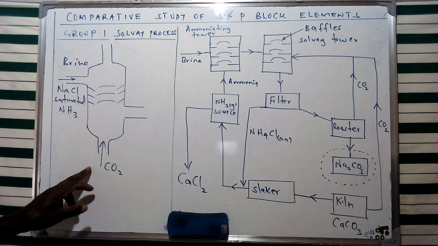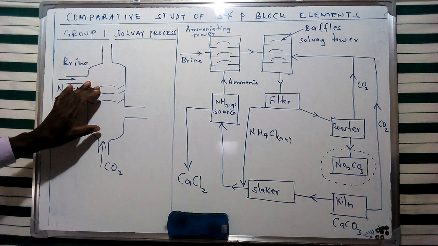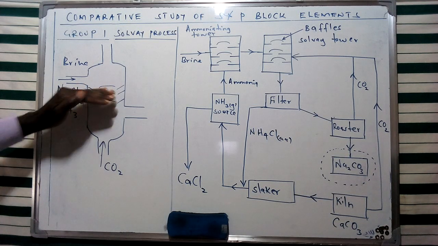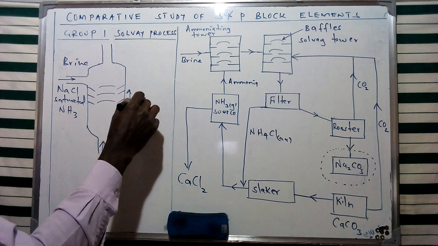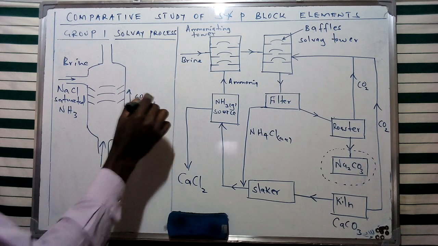Now, this lower section, carbon dioxide, is pumped at the bottom of the tower, and they are going to meet with the saturated brine in this specific chamber, which is saturated with ammonia, spreading from the top. Now, this carbon dioxide is going to descend in this specific chamber, and they are going to react and result in the formation of some of the products.